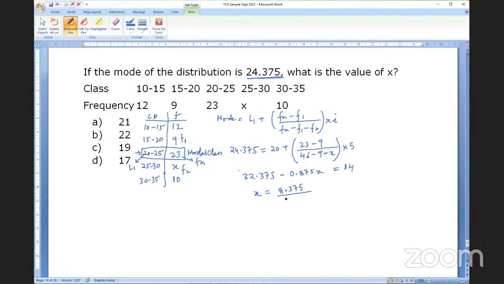So 32.375 minus 14 is 18, yes, 18.375 divided by 0.875. That will give us 21. That is not 8, it is 18, and the value would be 21. So X is 21. That is option A.